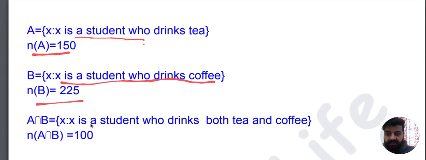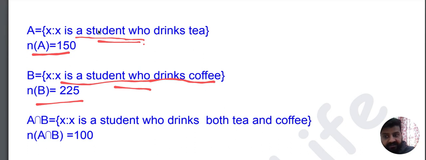Now come to the number of students who consume both drinks, meaning both tea and coffee. These are the common students in both the tea department and the coffee-consuming department. These belong to both A and B. So there were 150 students here and 225 students here.